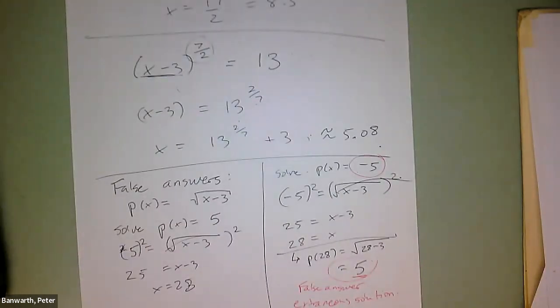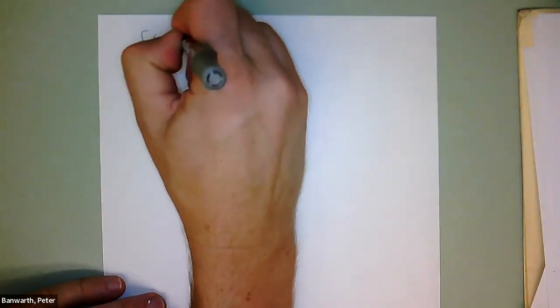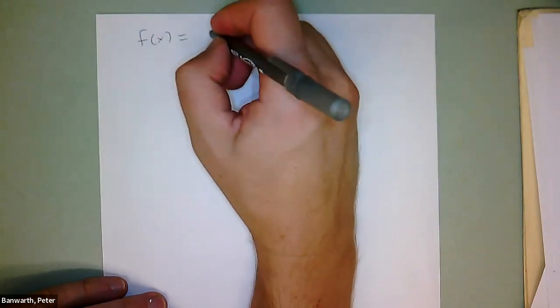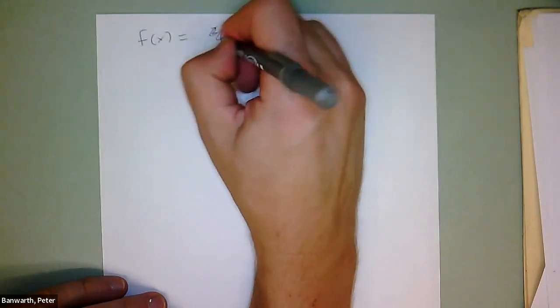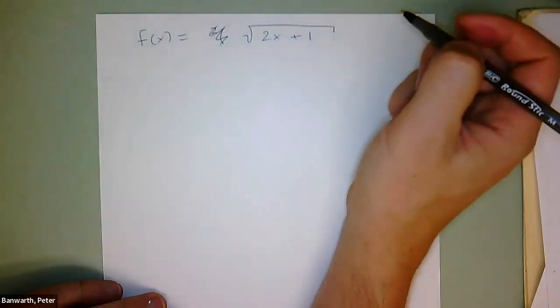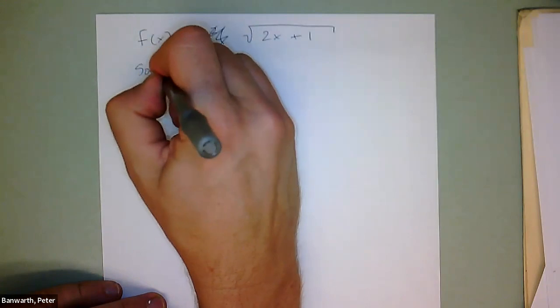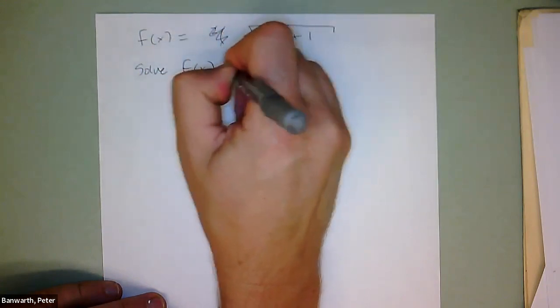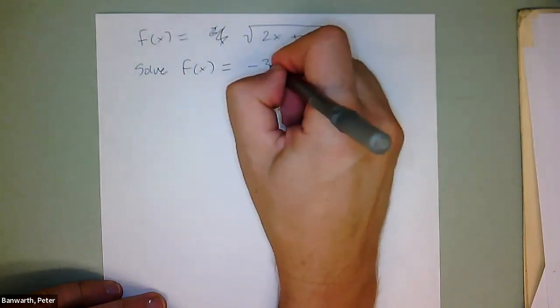I'm going to do one more example and then I'll talk about how you can be alert to extraneous solutions or to false answers. I think I have just enough space on this page. So let's say that f of x equals the square root of 2x plus 1. And I want to solve f of x equals -3.